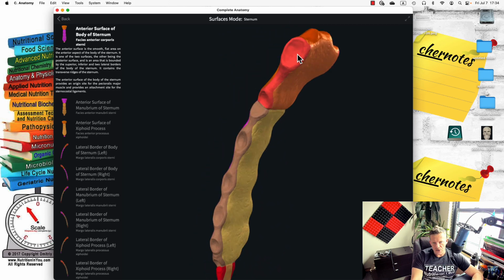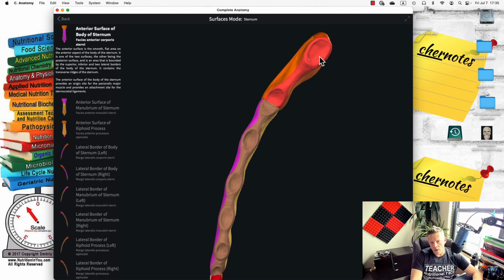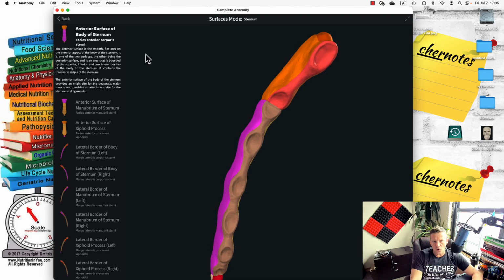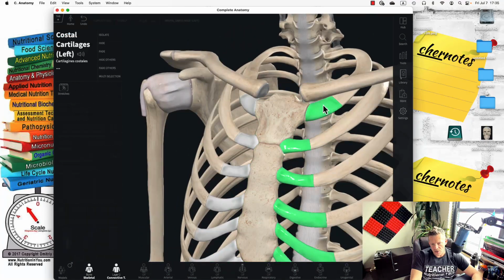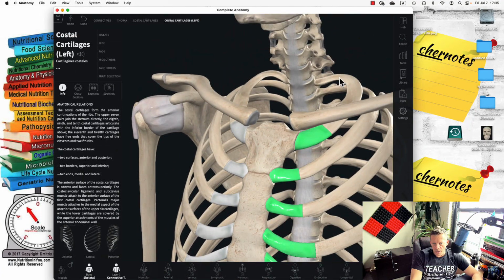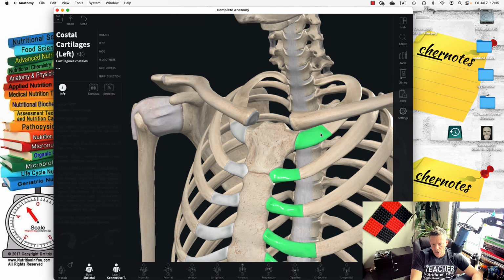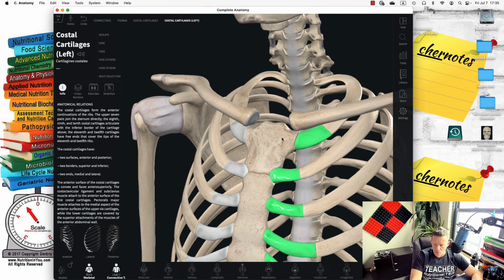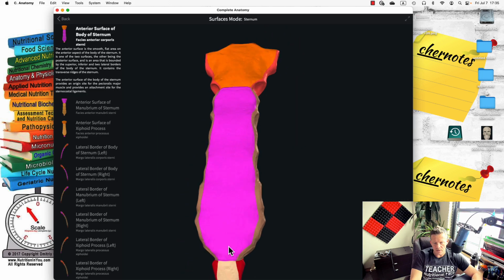You see this fossa, this slight invagination, that's where the costal cartilages articulate. Like you see these costal cartilages. So it's basically the rib, then it's a cartilage, and then it's a bone. 1, 2, 3, 4, 5, 6, 7.